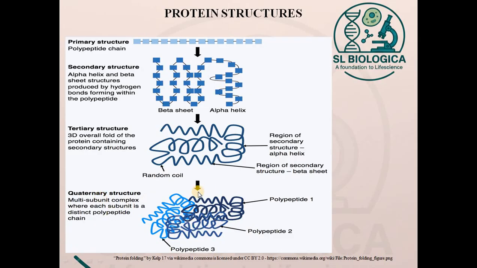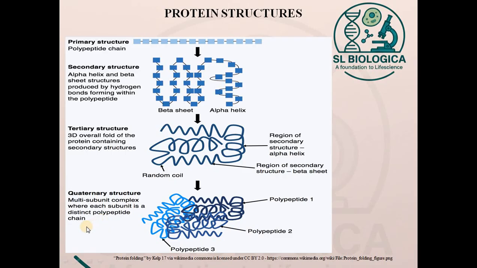Here protein exists in the form of subunits. It is a multi-subunit complex structure where each subunit is represented as a polypeptide form. Here we can see 3 polypeptides, polypeptide 1, 2 and 3. So quaternary structure of protein is a multi-subunit complex where each subunit is a distinct polypeptide chain.